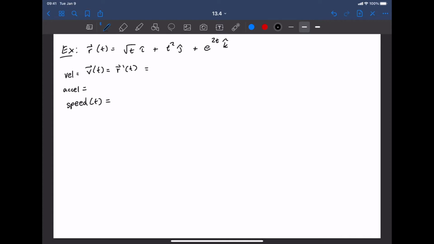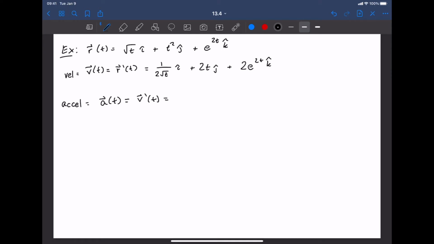3, 2, 1. So that would be 1 over 2 root t in the i hat direction, plus 2t in the j hat direction, plus 2 e to the 2t in the k hat direction. I'm just now realizing I probably want more space for my acceleration and my speed. So my acceleration function is the derivative of the velocity function.